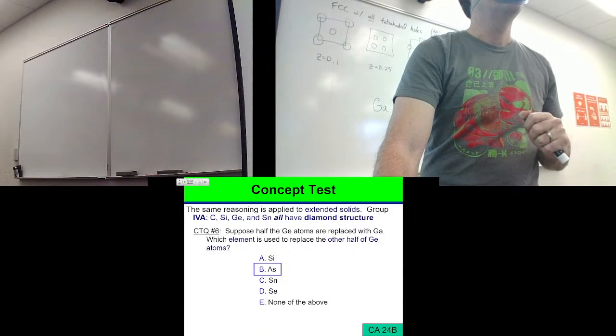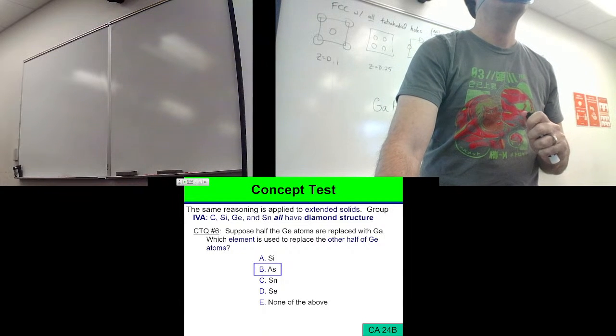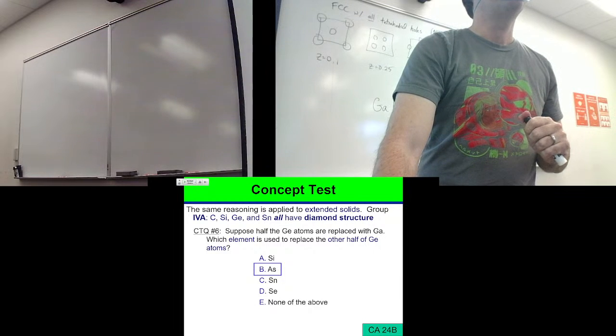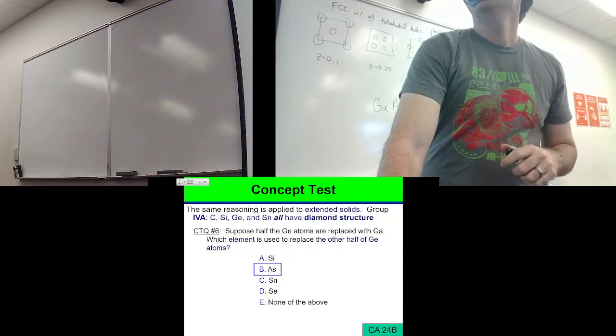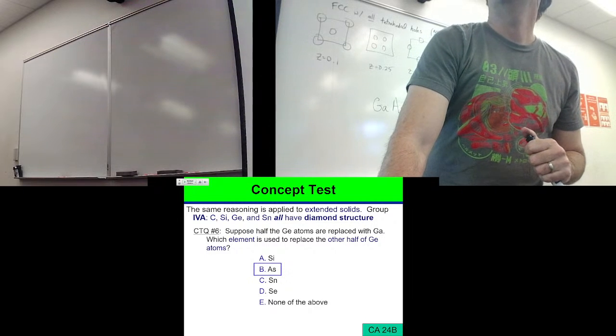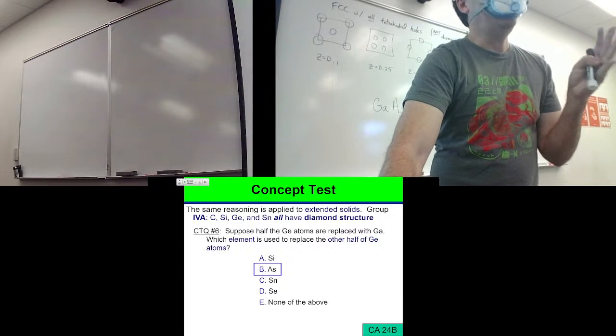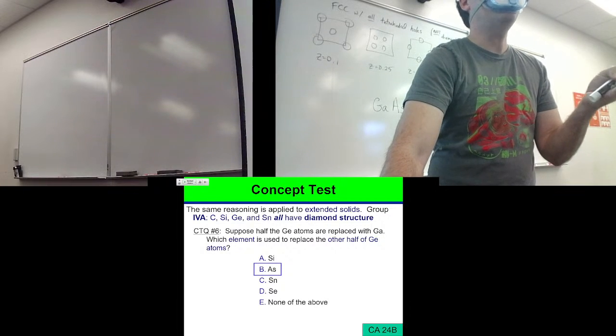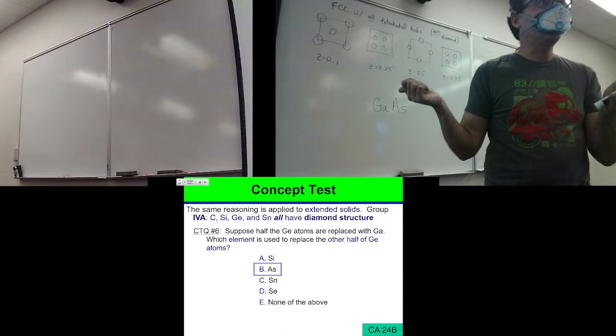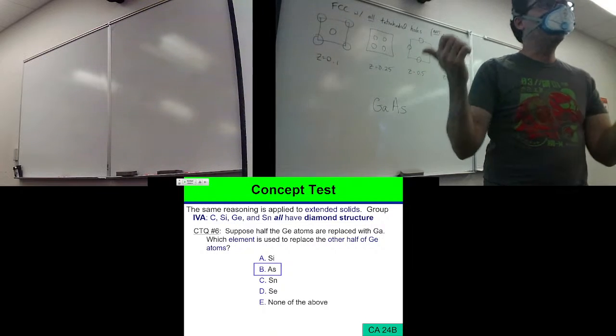Does it matter? I know you just said any, so obviously it doesn't matter, but why doesn't it matter if it's a semi-metal or a non-metal or a metal? In this case, the elements we pick will definitely change the properties of the material that we're going to create. It'll make different colored LEDs.